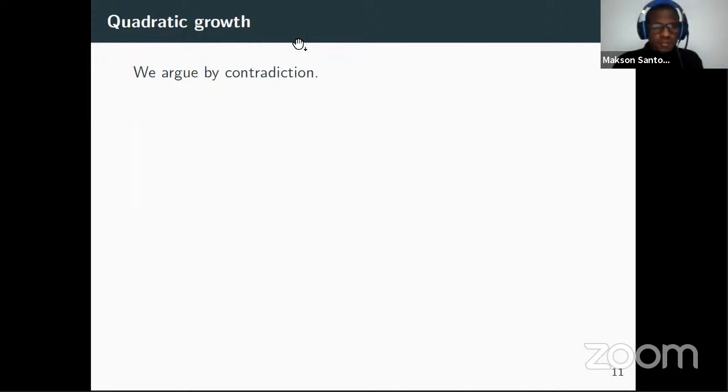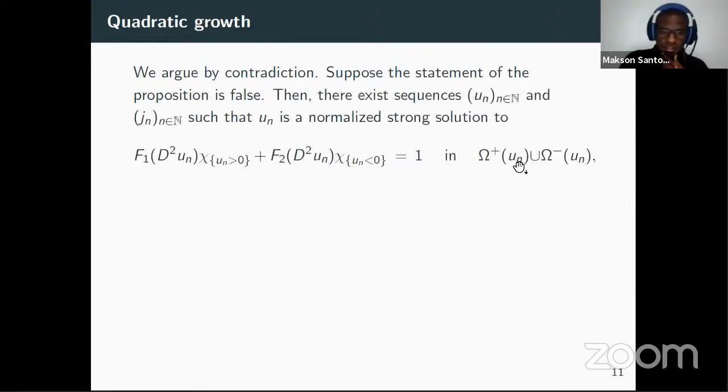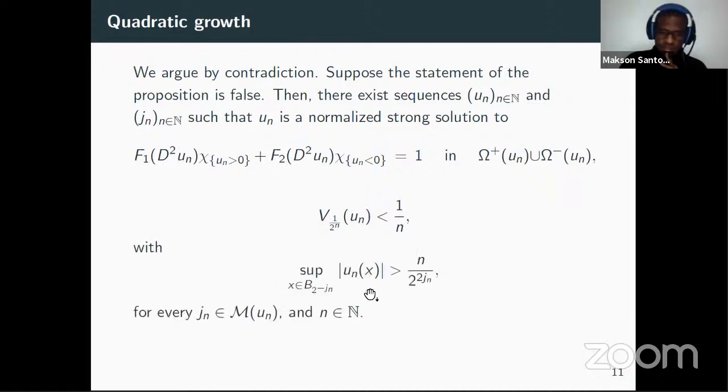Okay, and to prove the quadratic growth, we argue by contradiction. We suppose not. We suppose the statement is false. Then there exist sequences Un and jn such that Un is a normalized strong solution to our equation, with this condition on V being less than 1 over n, but this supremum is greater than this, for every n.